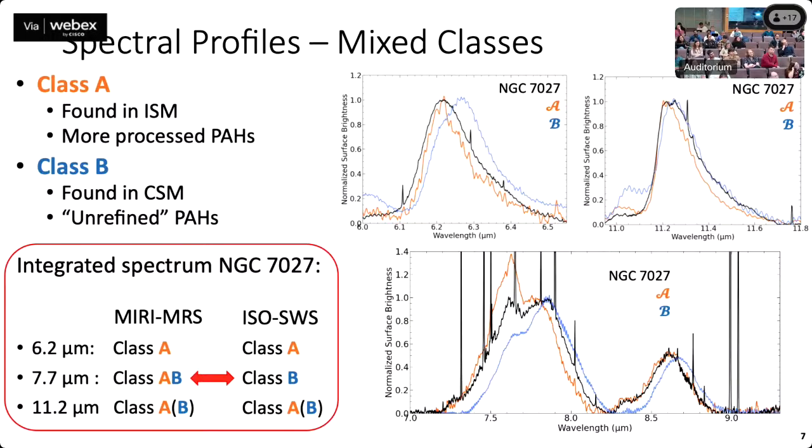In general, we find class A in the ISM. For example, somewhere like Orion is always class A. And that's characteristic of more processed PAH molecules. Whereas class B is unrefined PAHs that have just been formed and perhaps have some more side groups, or something like that, and have been subjected to less chemical processing.